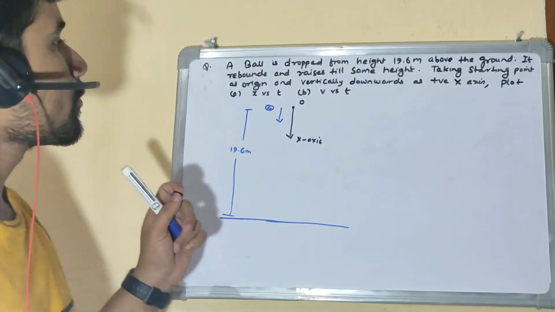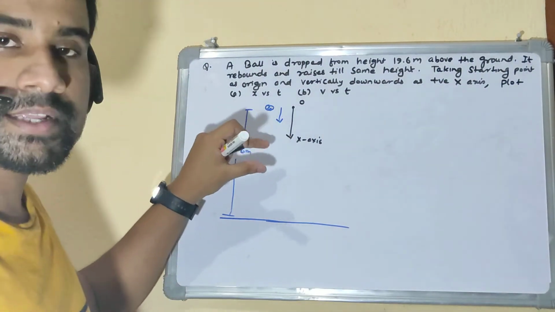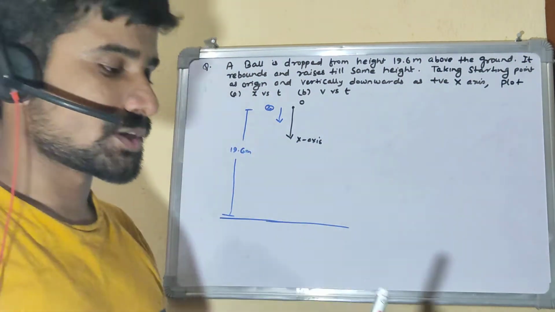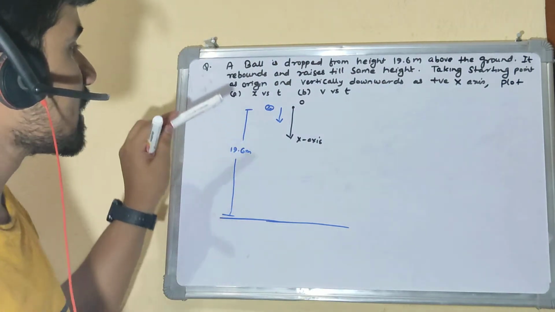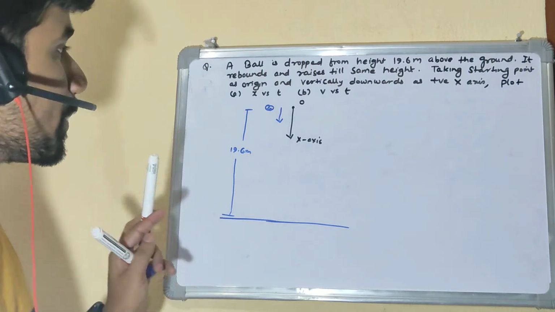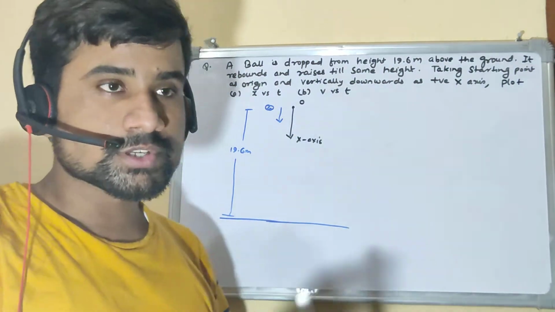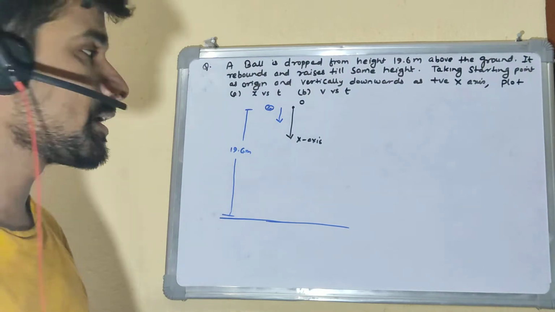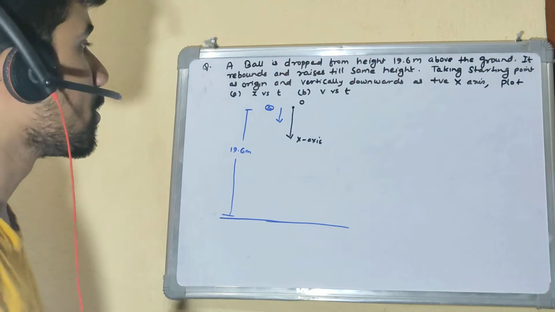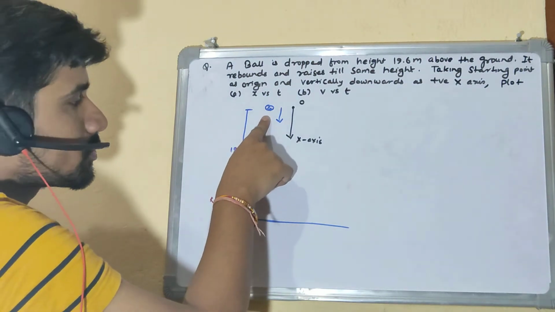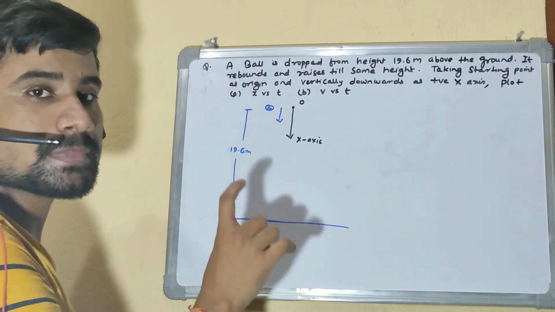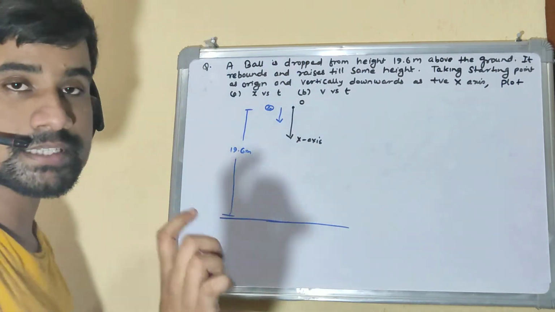We need to plot distance or displacement along x with respect to time, and then velocity with respect to time. Initially the ball is at 19.6 meters from the ground, but it is at x equal to 0 with respect to the coordinate. The ball starts from x equal to 0, comes down to the ground, and this will be the maximum displacement, which is 19.6.